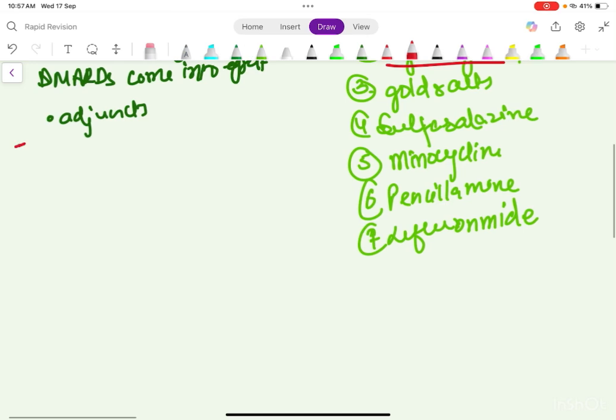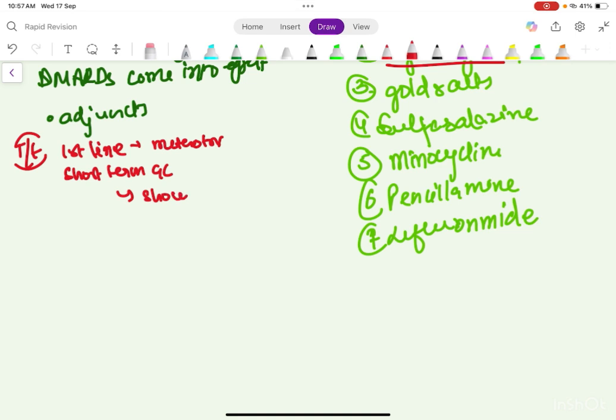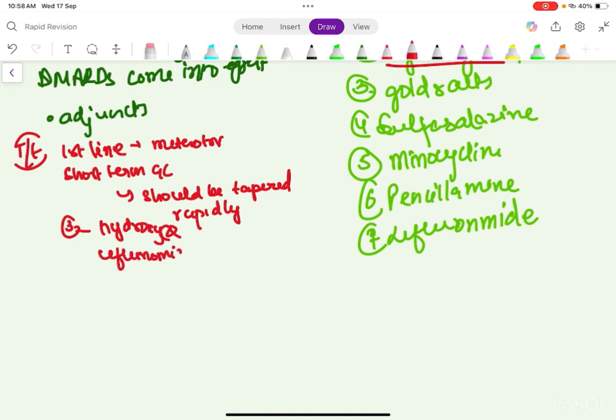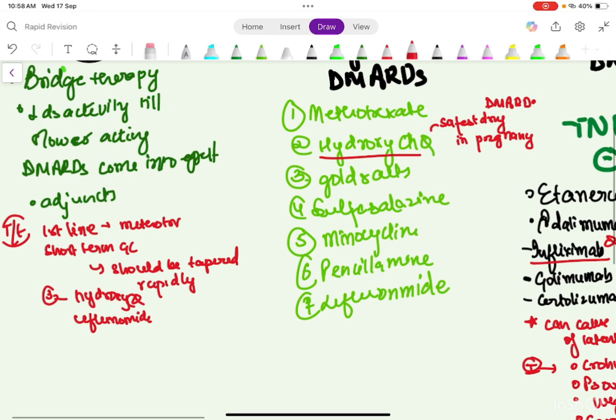Basically, to understand the treatment, first line is methotrexate, then there is short term glucocorticoid, and this should be tapered rapidly. Then you can give the synthetic DMARDs like hydroxychloroquine, leflunomide, and so on. If the patient is allergic to methotrexate, then you should go back to the synthetic ones.